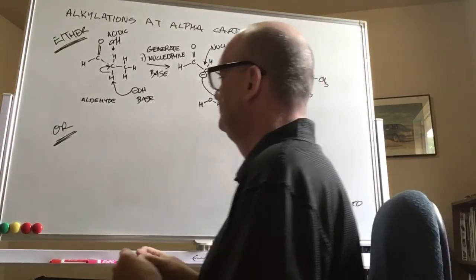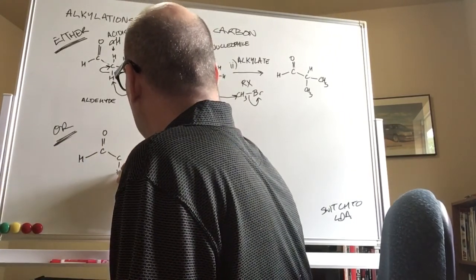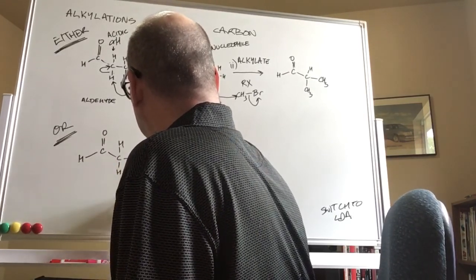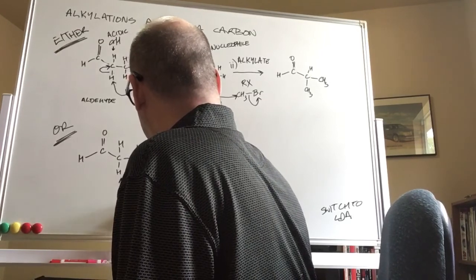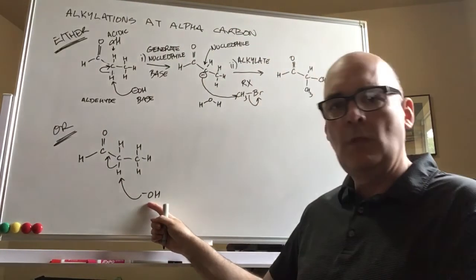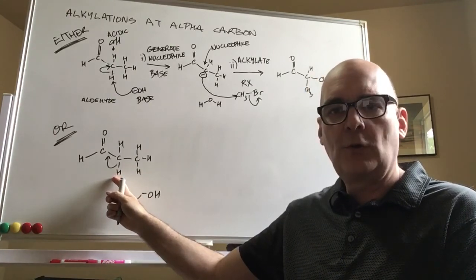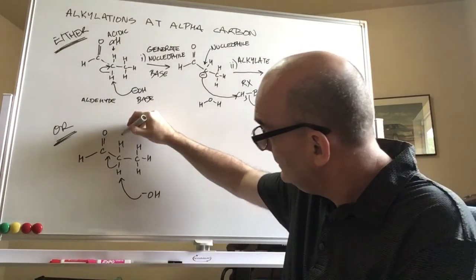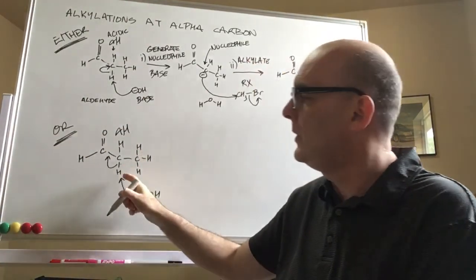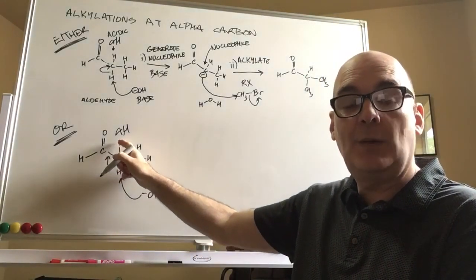Here's the more correct way. The base reaches out, grabs hold of one of the alpha hydrogens. The two electrons that are making the bond between the carbon and the hydrogen are then put into a double bond.